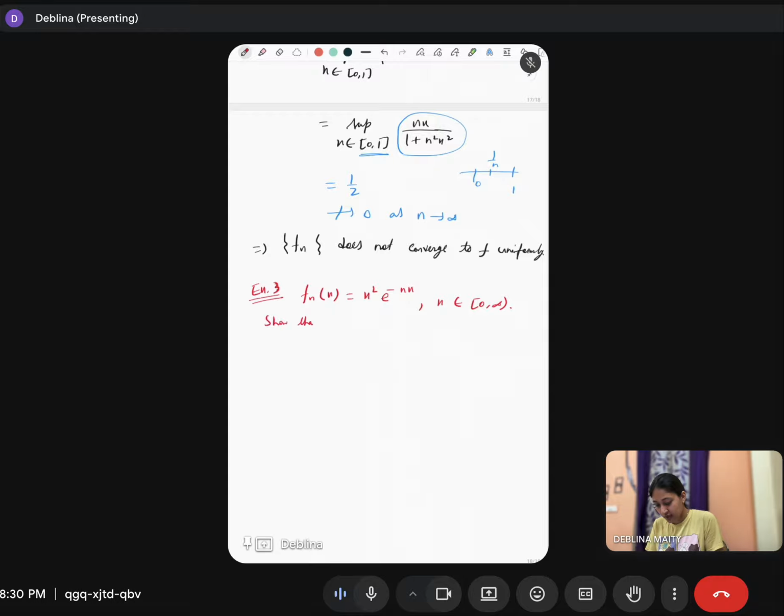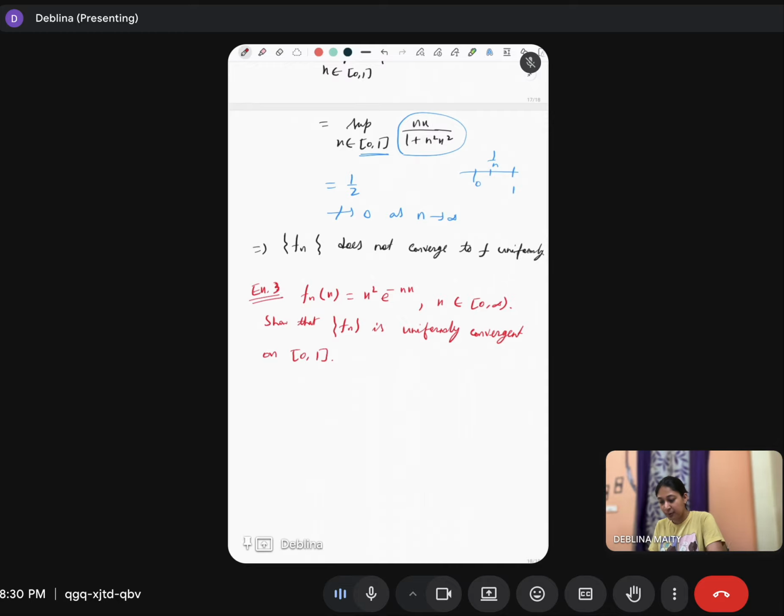Now show that fn is uniformly convergent on closed 0, 1, not on the whole domain, but in this closed interval it is uniformly convergent.